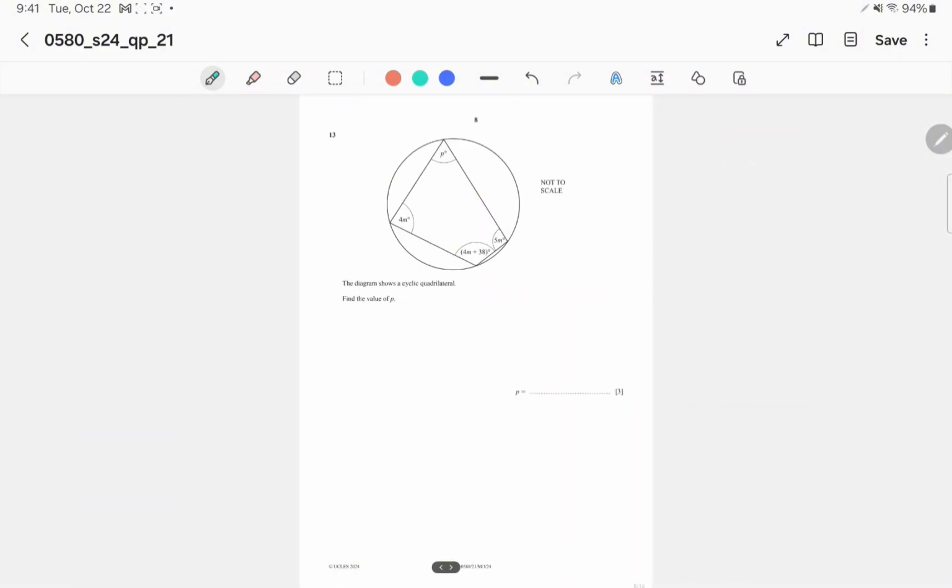13th question, I am moving through the diagram of a cyclic quadrilateral. So for a cyclic quadrilateral, how will we move through? For a cyclic quadrilateral, opposite angles add up to 180 degrees.